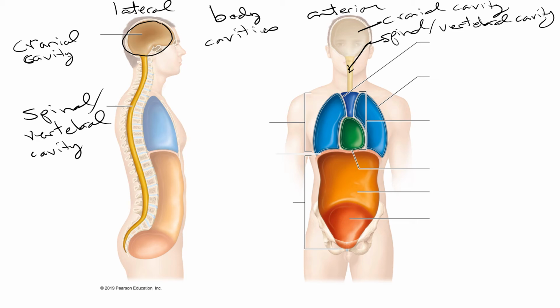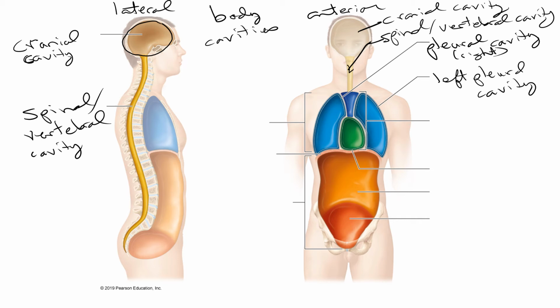And here we have the pleural cavity. This would be the right one here, and this would be the left pleural cavity. This whole upper part here all the way down to the diaphragm. So the diaphragm across here.